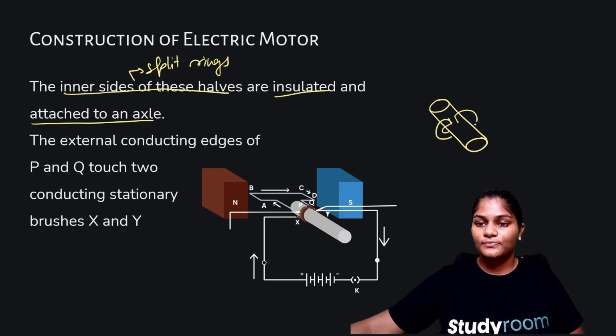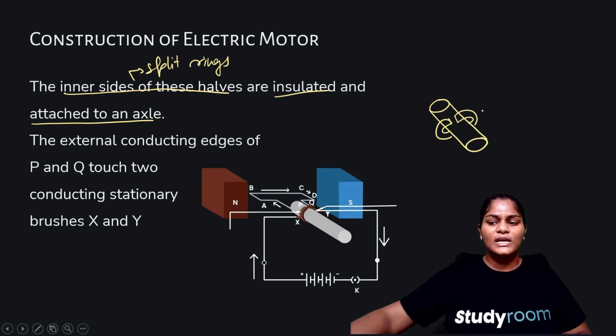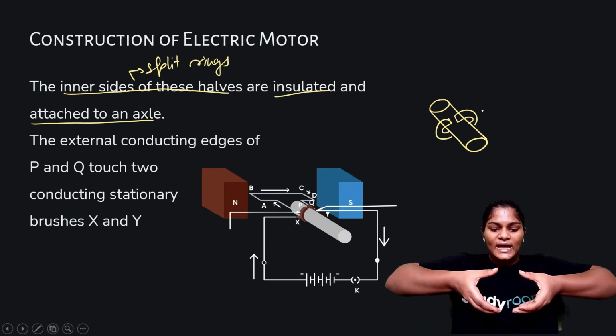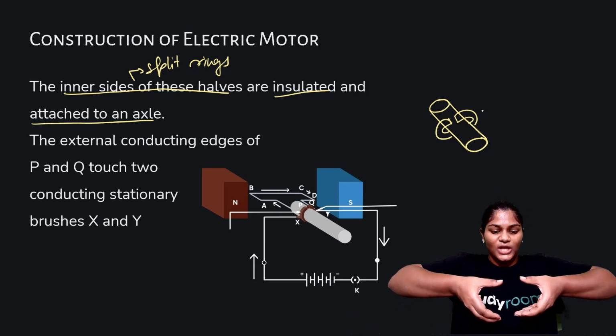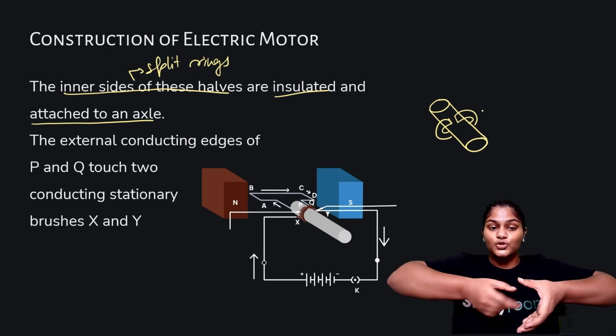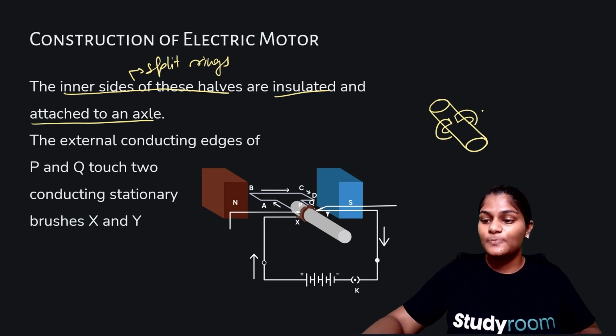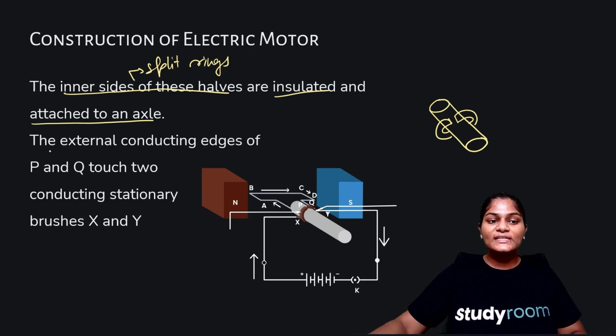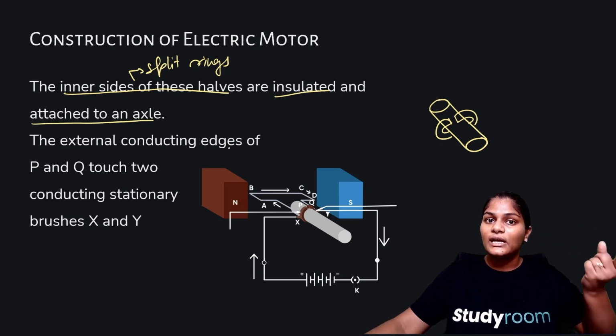Okay, they are attached like this. You can just imagine you're holding any cylindrical object like this without letting your hands touch, and you are insulating it on the inside so that there is no flow of current between the two split rings. Okay, then it says that the external conducting edges. Why did it say external conducting edges?